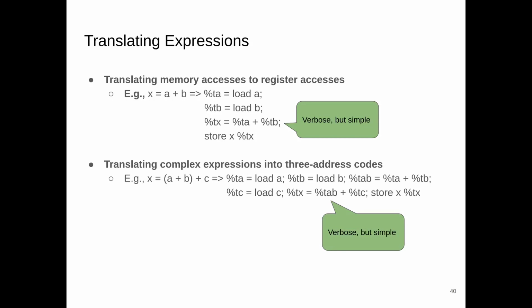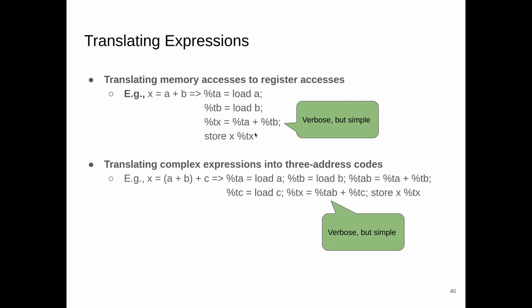The reason why we don't directly add the values in the memory is that the IR only allows arithmetic operations for the registers. They don't allow arithmetic operations on the memory values. That's the reason why we first load the memory values into register values and then perform the addition.